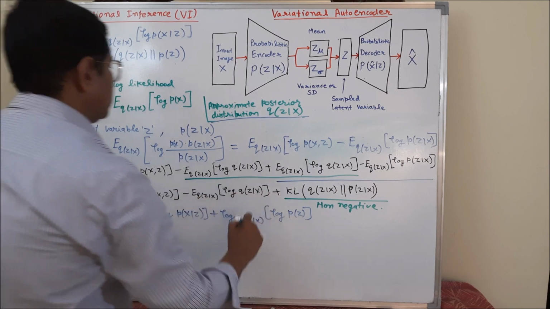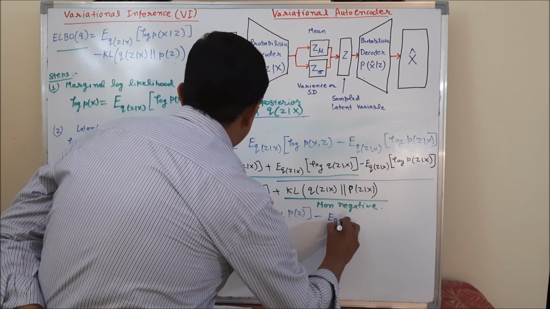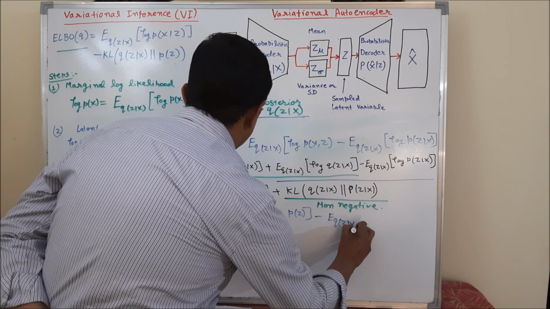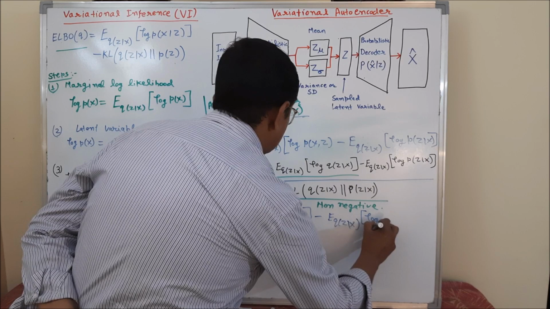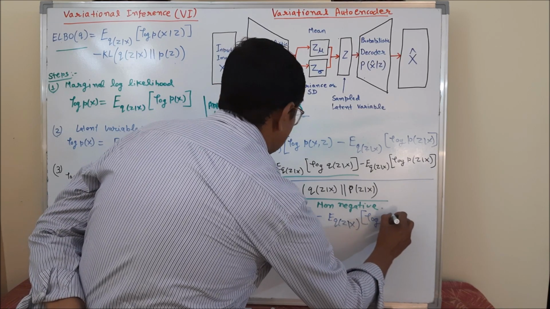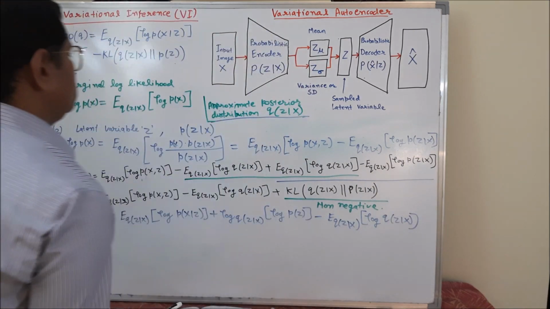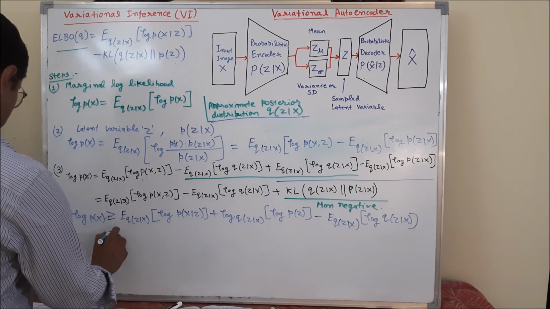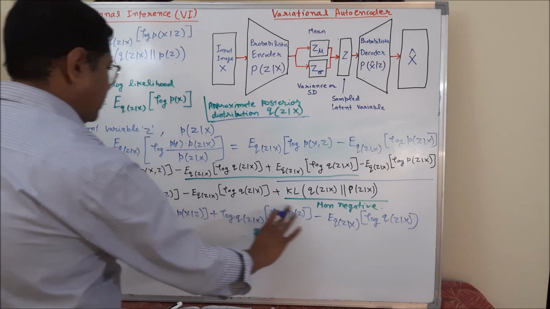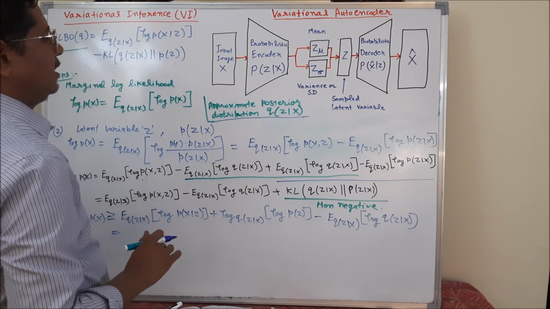This is the final thing, the final form of the loss equation for the variational inference part.